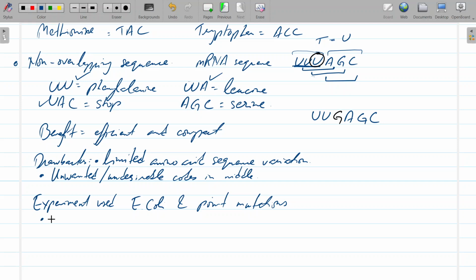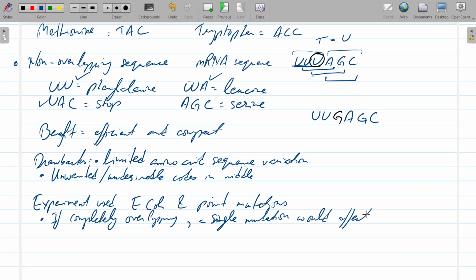If it were completely overlapping, a single mutation would affect 3 amino acids, because it's affecting 3 codes. If partially overlapping, it would affect only 2.